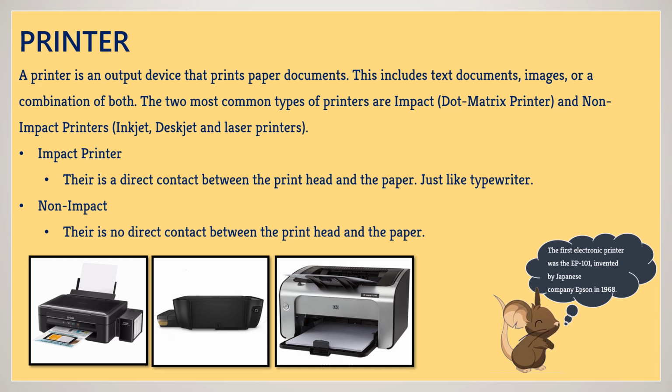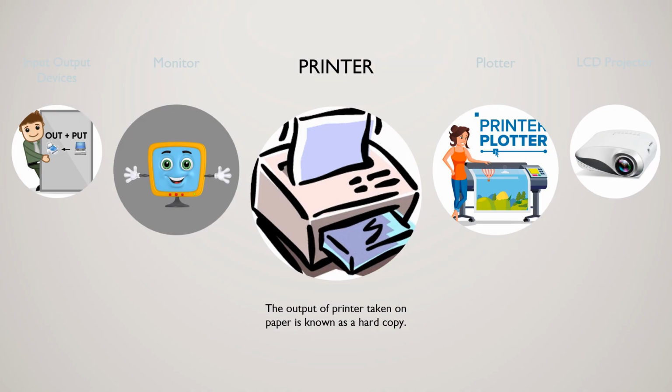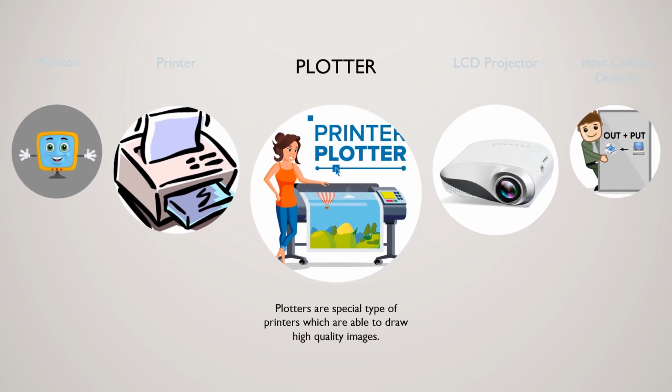What next? Now, as the technology improved, bigger charts and graphs also came into printing. And for printing bigger charts and graphs, we had the plotters, which are able to draw high quality images. So plotter is also an output device. It produces graphic drawings.